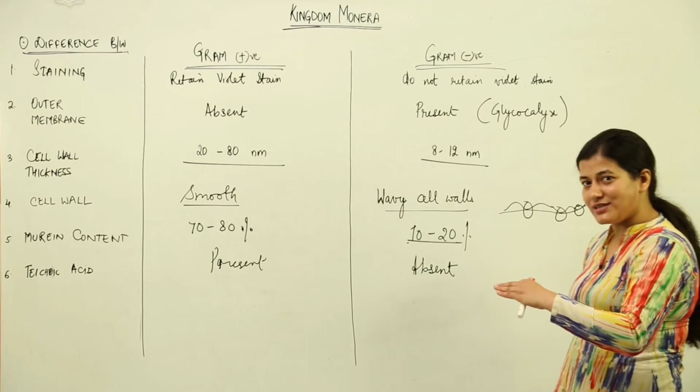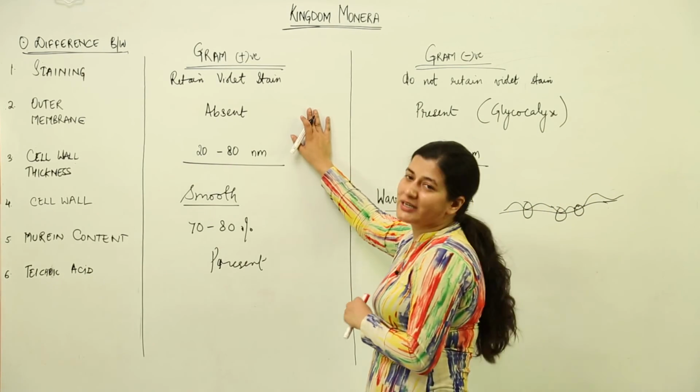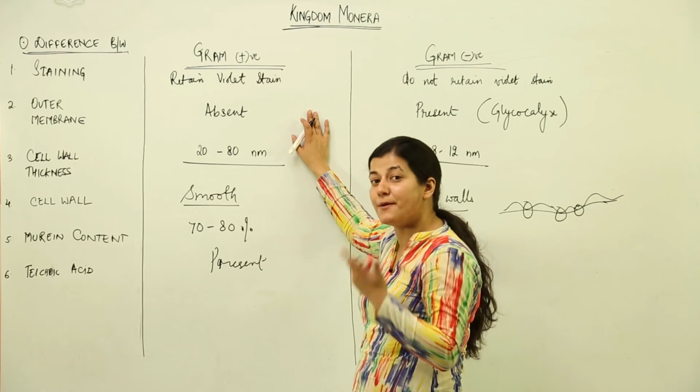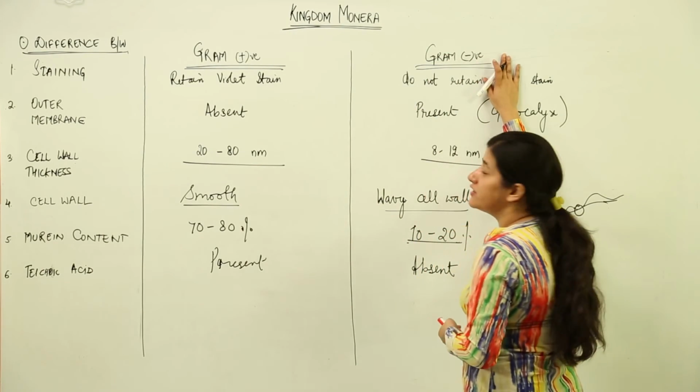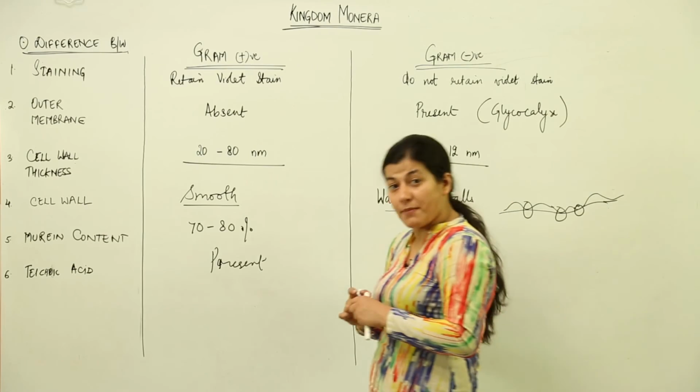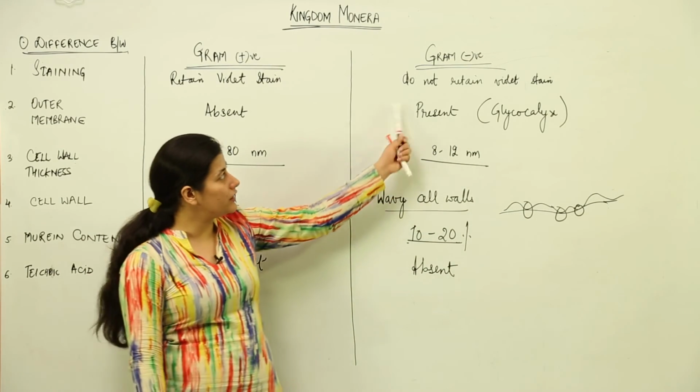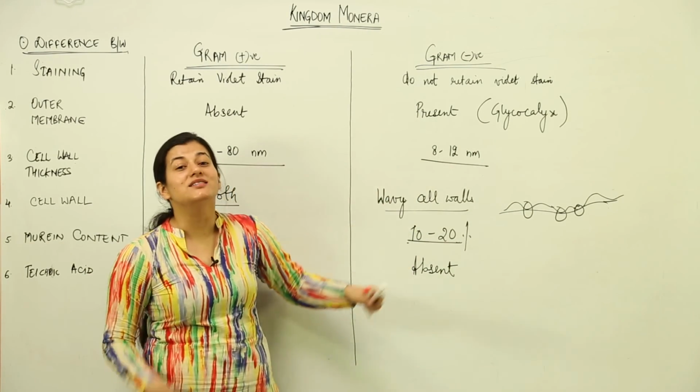Now coming to the question in the beginning, few of the gram positive bacteria are pathogenic, while most of the gram negative bacteria are pathogenic, they are disease causing. So this particular class of bacteria is highly notorious.